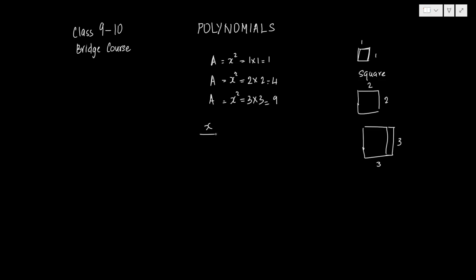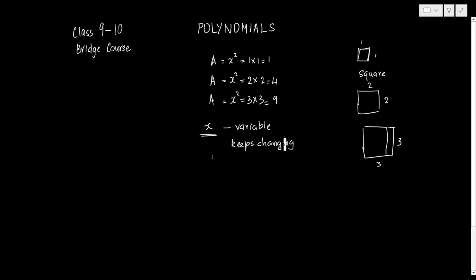So if you take x, this is what we call a variable, because the value of x keeps changing. Similarly, when we calculate the perimeter of the square, which is 4x, when x is equal to 1, the perimeter is 4.